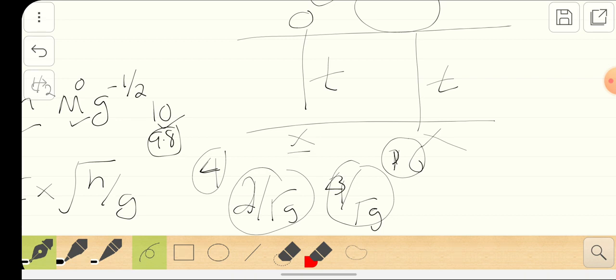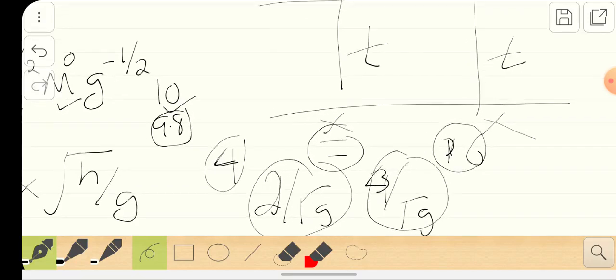That means it's double the time. So the ratio of time for double the distance is not that direct, straightforward. It won't be twice; it will be the square root of distance by root of g. So that's a very easy way of representing.